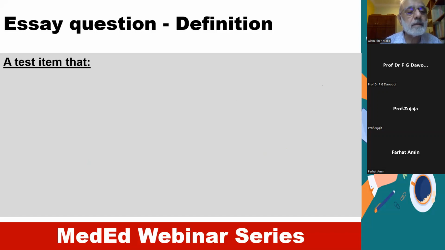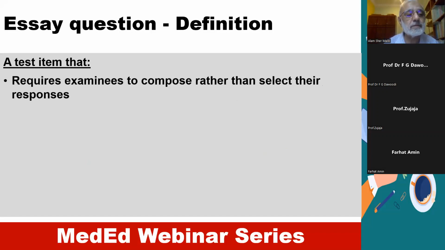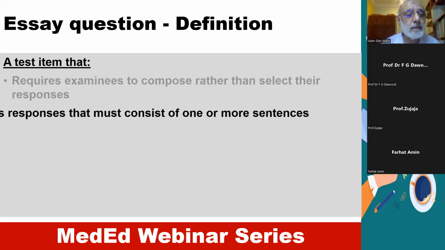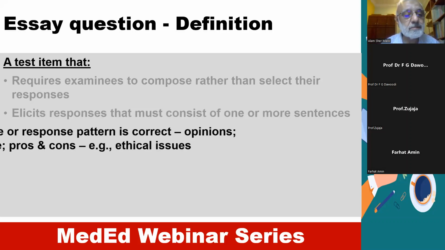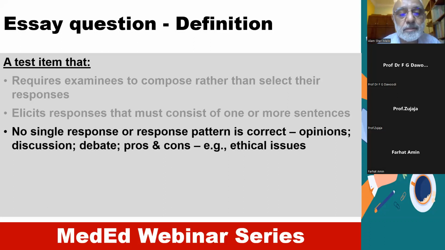If we separate the different items in this definition, the first one is that an essay question requires the examinee to compose rather than select their responses. It elicits responses that must consist of one or more sentences. No single response or response pattern is correct.